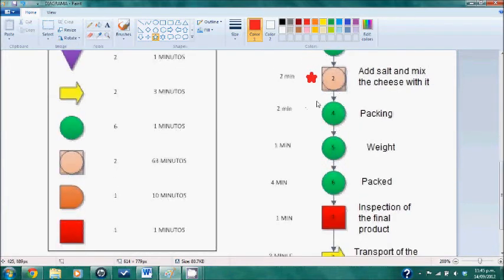Then the next step is packing. When we already have the mass of the ricotta cheese, we pack this mass into their respective envelopes.